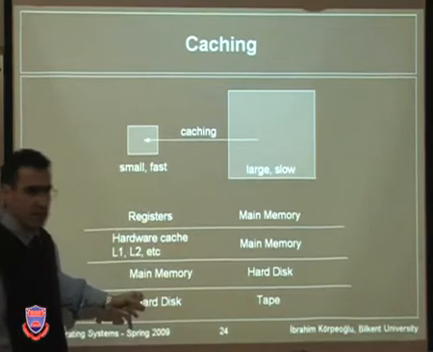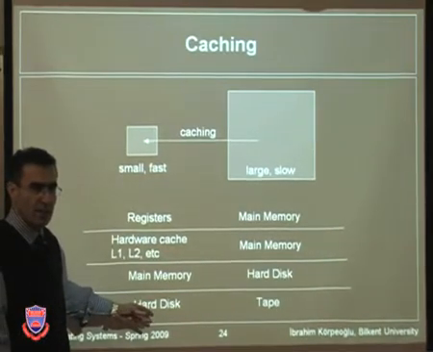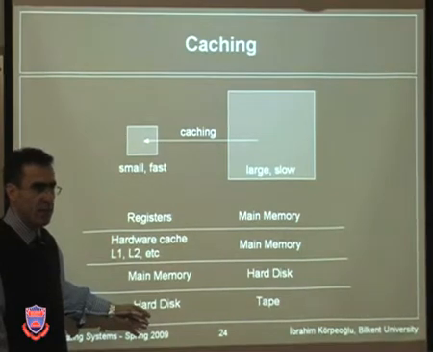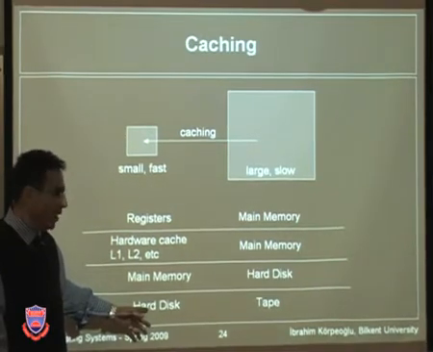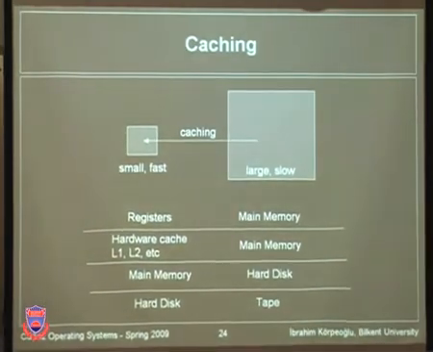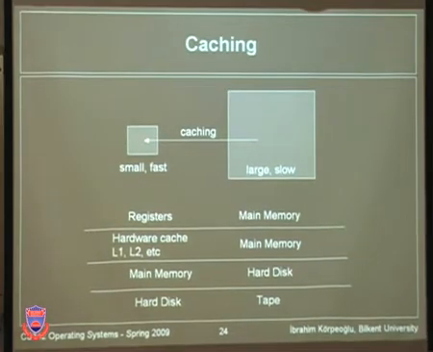The hard disk, for example, may cache the frequently accessed files from the tape or CD. If a file is accessed once every year, then you don't have to keep it on the hard disk. You can just keep it on the tape. So the caching idea is a general idea. It is not an idea that's applied only at the hardware cache level.